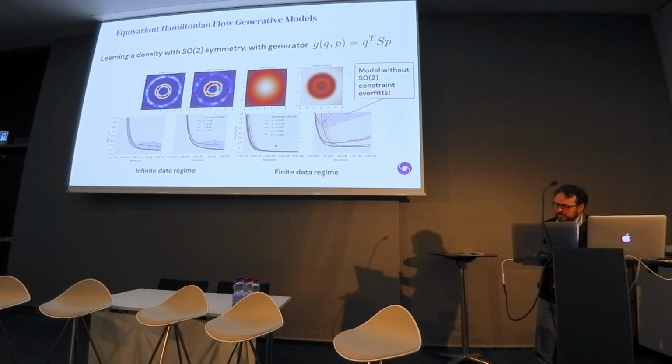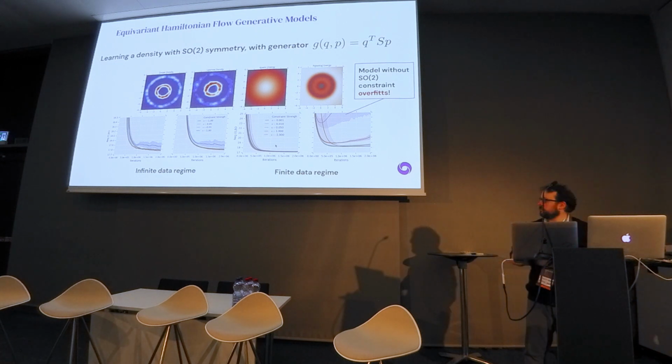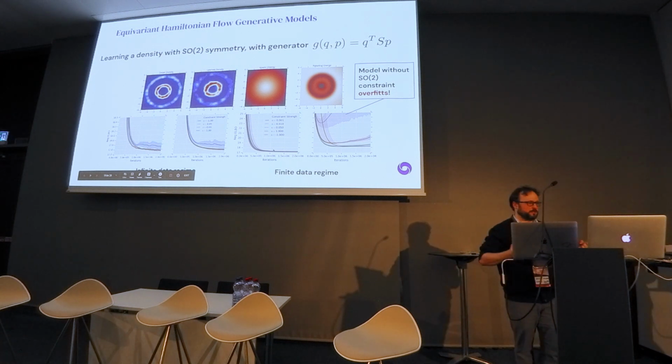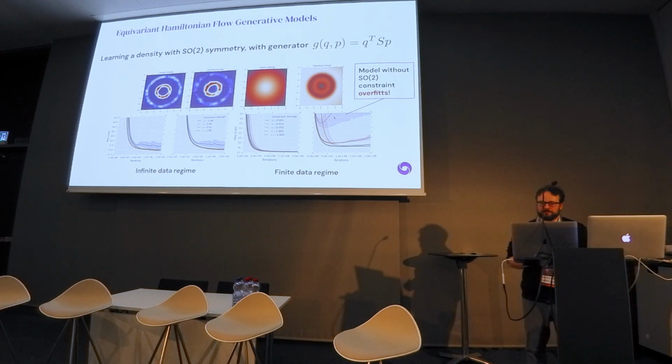But in the regime of very scarce data, where we have a very small number of data points, all the models, whether they have symmetry or not, think they're doing very well on that data. But what they are effectively doing is learning a bunch of deltas around the data points that are available. When you look at the test set, the models without any knowledge of symmetry massively overfit to the problem.